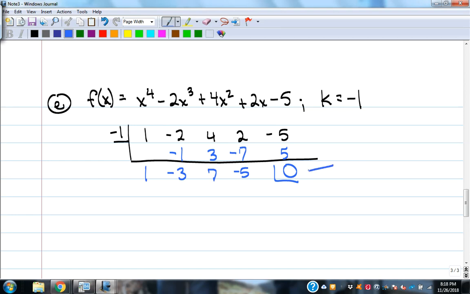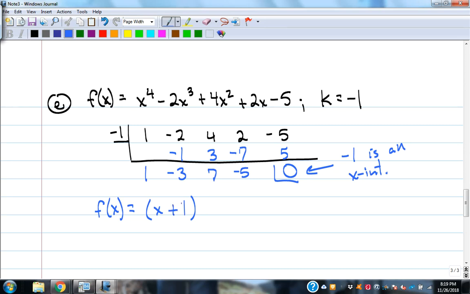So -1 is an x-intercept, a solution, a 0 to that polynomial. The factoring that happens is we got x. Where did k equals -1 come from? x plus 1. Good job.